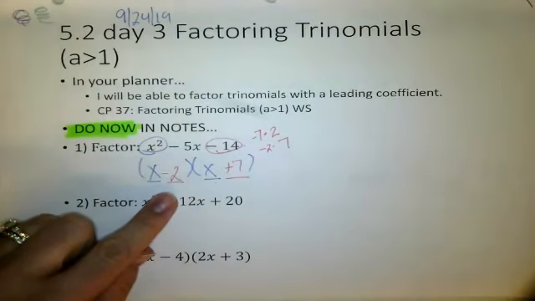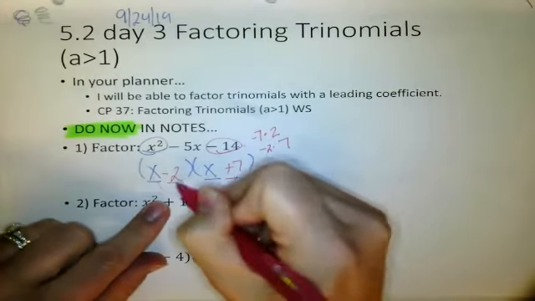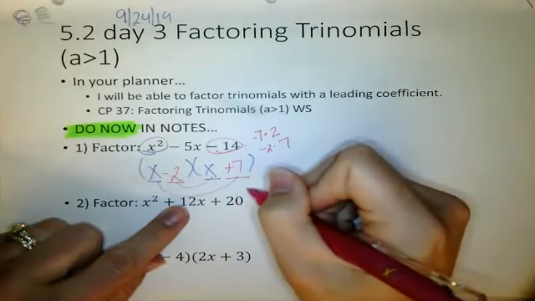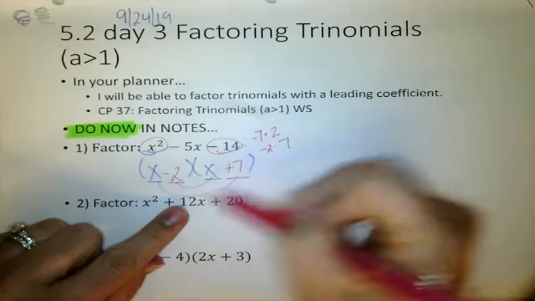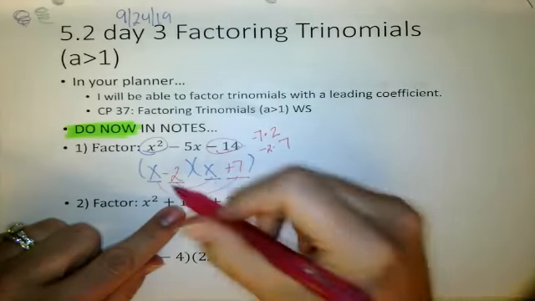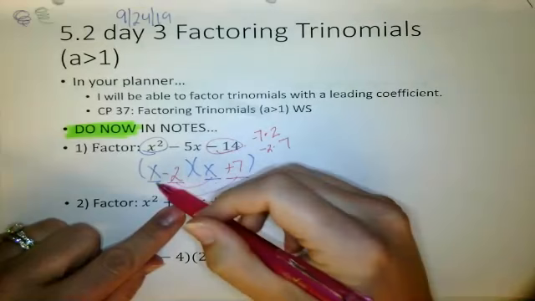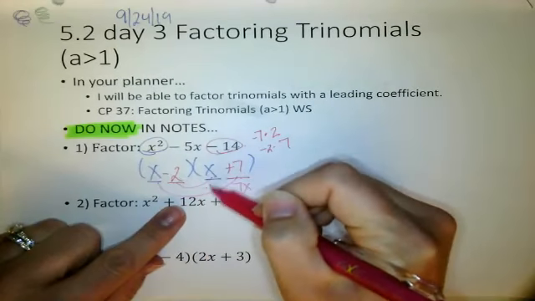How do you know if you did it right? Check the rainbow. I use such manly words, right? So when you check the rainbow, you're checking the outside and inside product. X times 7 gives you 7x, and negative 2 times x is negative 2x.